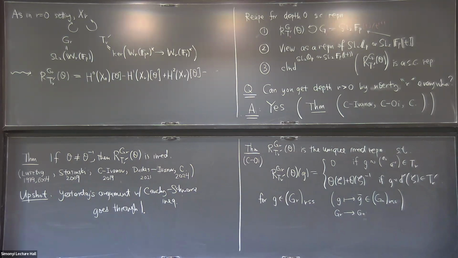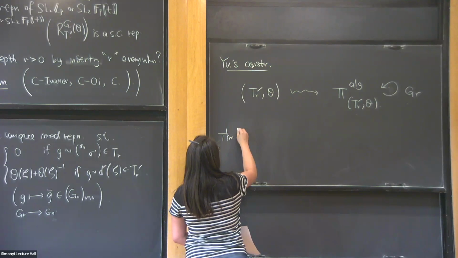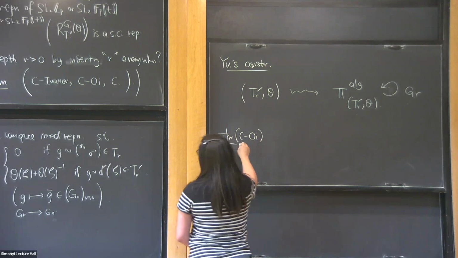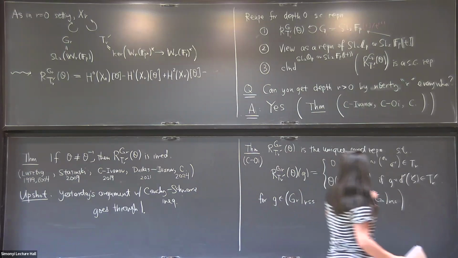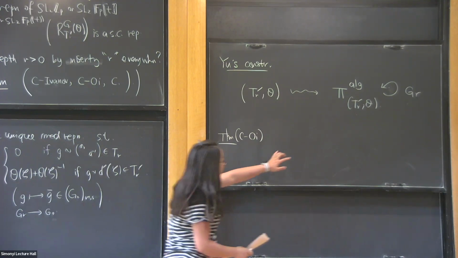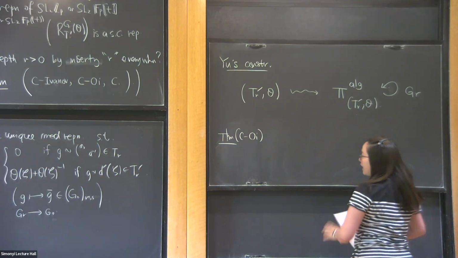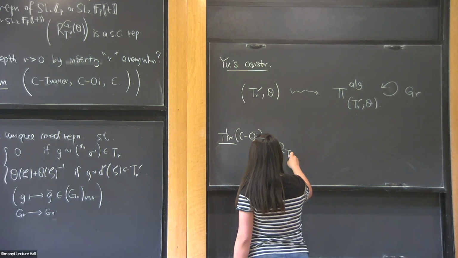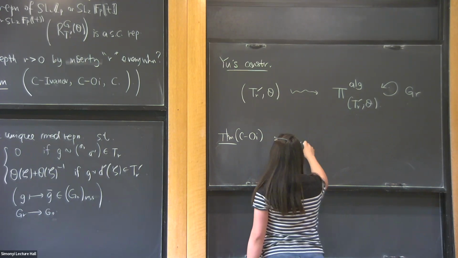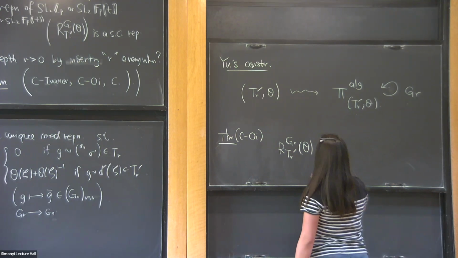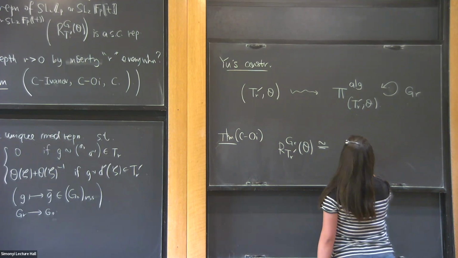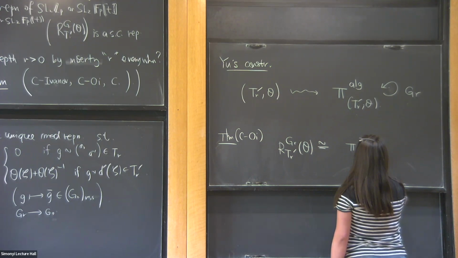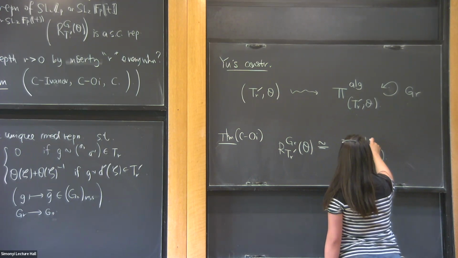So a theorem, obtained by applying this result to this representation here, says that R TR prime G R of theta is, as a representation of GR, isomorphic to pi TR prime theta alge.